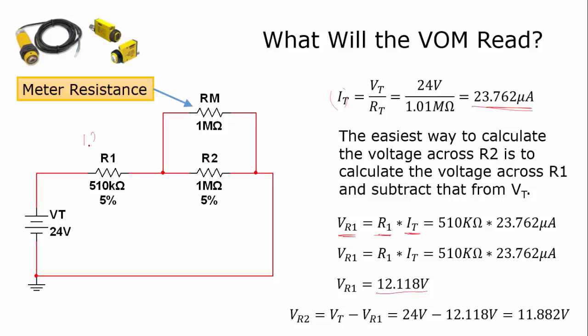Since the voltage drop across this parallel set plus this 12.118 volts has to equal 24, to find it all I have to do is take VT minus VR1, so 24 volts minus the 12.118, and I find out that the voltage drop across here is going to be 11.882 volts.